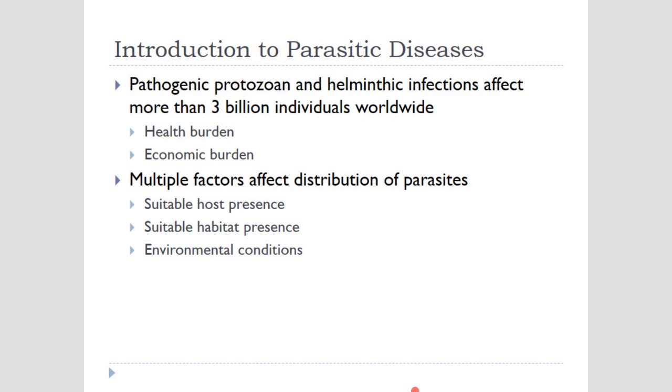The reason being that there are many factors that play a role in terms of who will get the disease and what are the risk factors for you to get a disease. The most important thing is that there are three factors here. In order for a person to have a disease, you have to have a suitable host present.